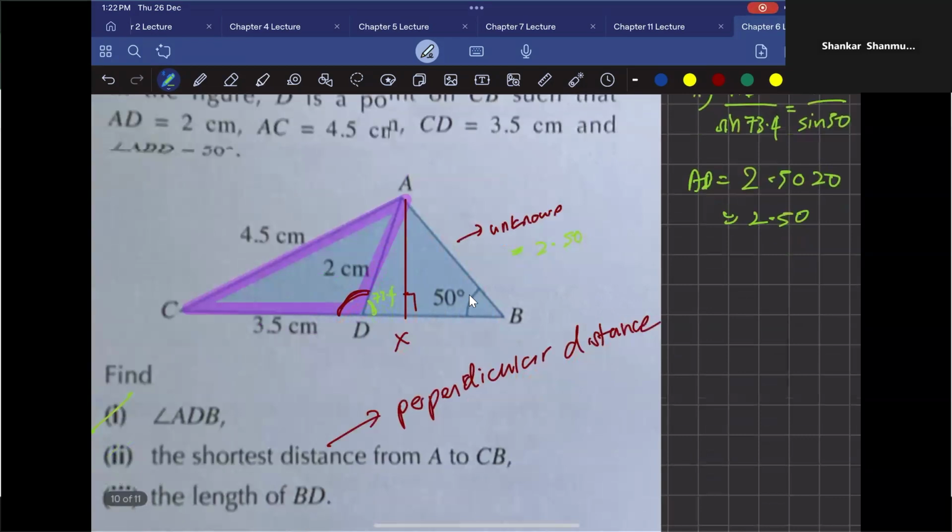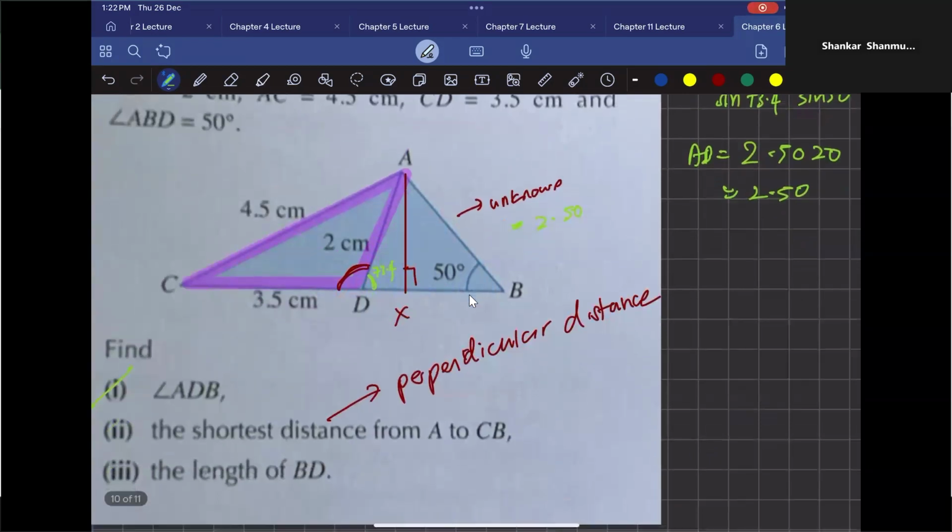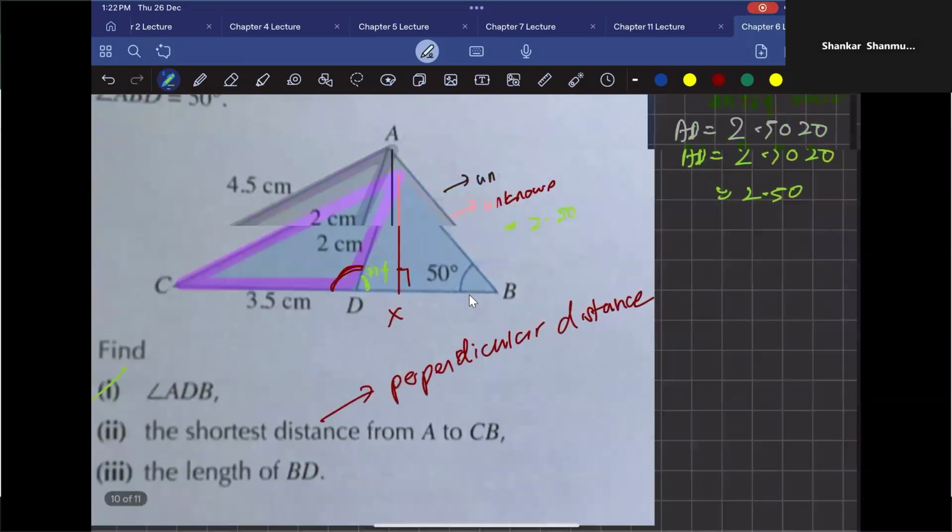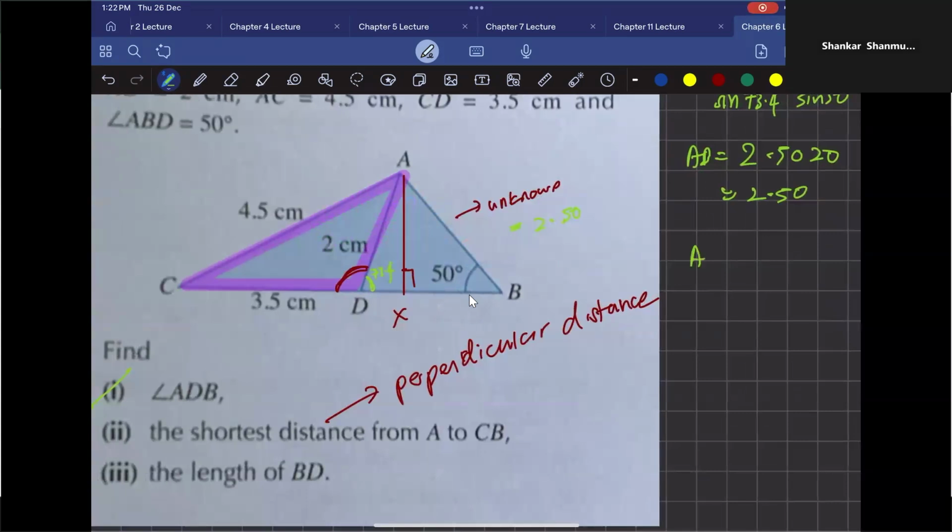Once you have this, you can use your sine rule to find your perpendicular distance. AX over sine 50 equals AB over sine 90, and your AB here is 2.5.